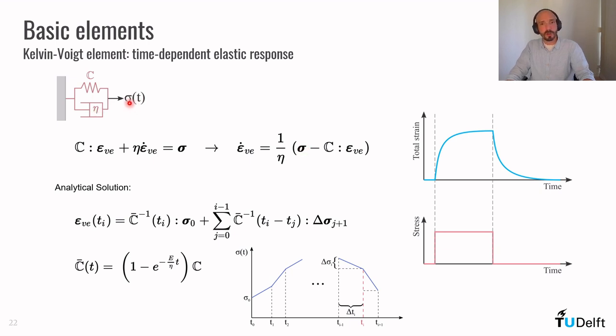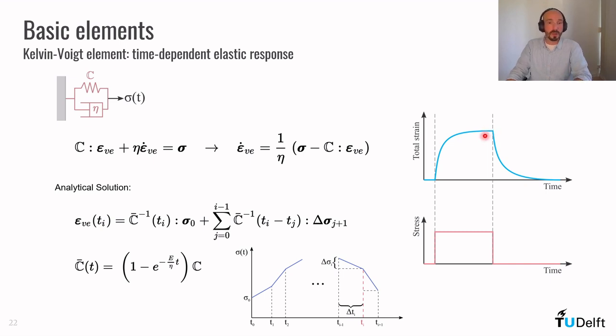But at a certain point, this deformation will be large enough such that the double dot product between C and this deformation will equalize the stress such that this value here will be 0, meaning that the strain rate will be 0. And this is what happens when we are at the end of this cycle here. The strain rate is practically 0.